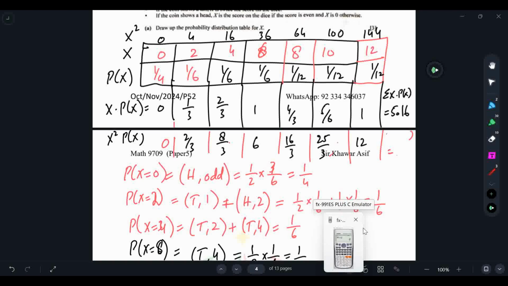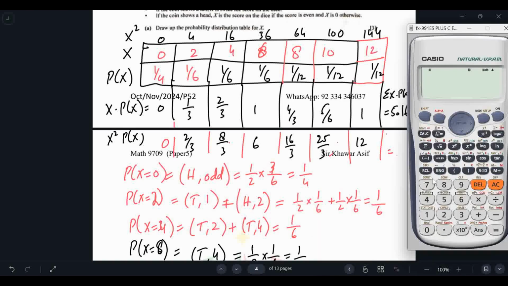This will be 12. So if we simplify it now, this will be fraction 2 by 3 plus fraction 8 by 3, plus 6, plus fraction 16 by 3, plus fraction 25 by 3, plus 12.